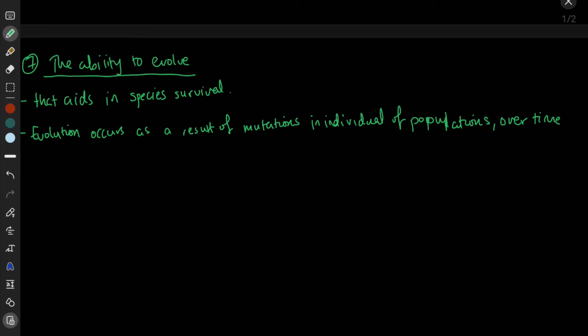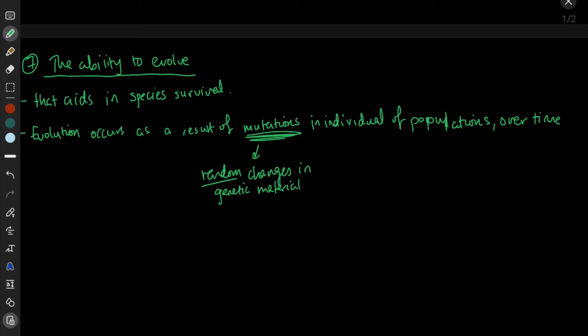So there are three main qualities, or characteristics, of evolution. It occurs as a result of mutations, and mutations are just random changes in genetic material, right?